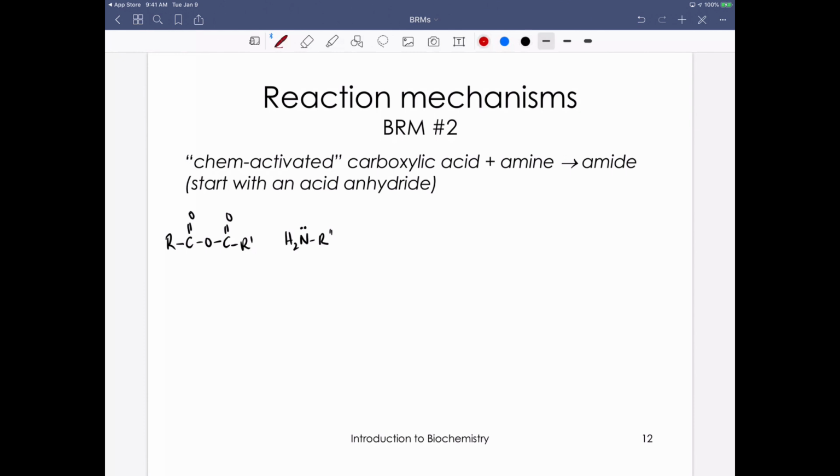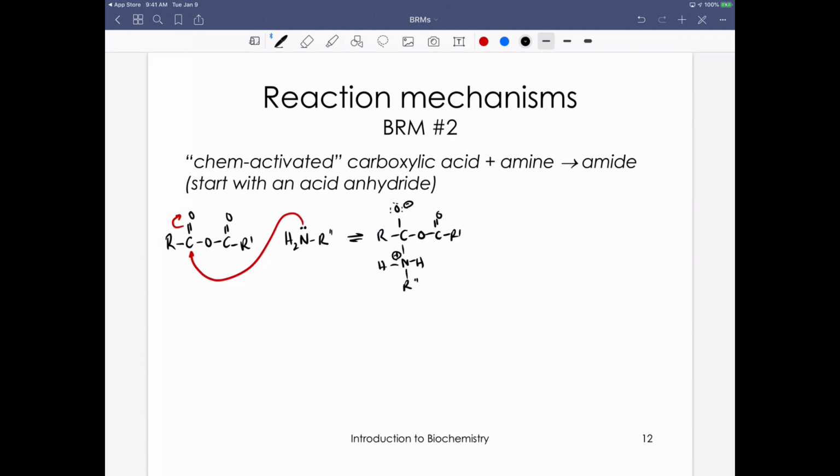I'm just going to distinguish that R group as being separate in that way. We're going to have nucleophilic attack now on that carbonyl carbon, generating our tetrahedral intermediate. Making sure we show all relevant atoms and lone pairs.